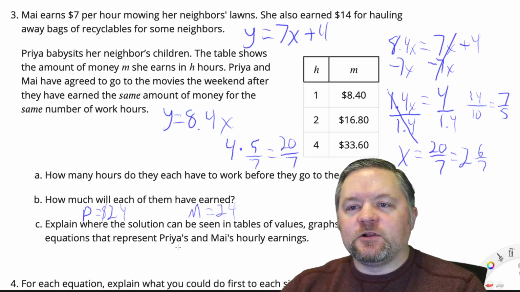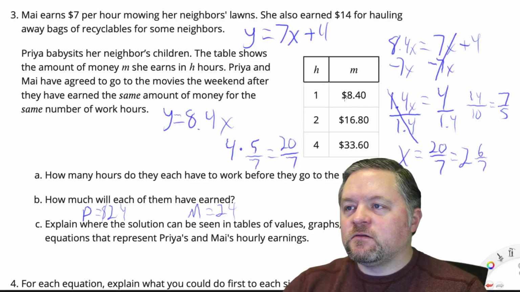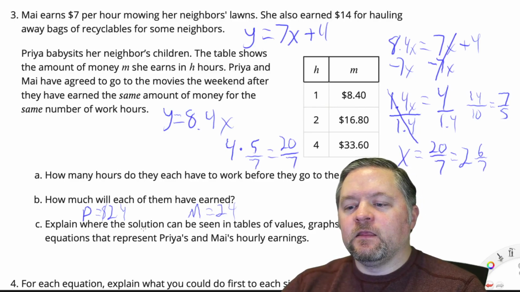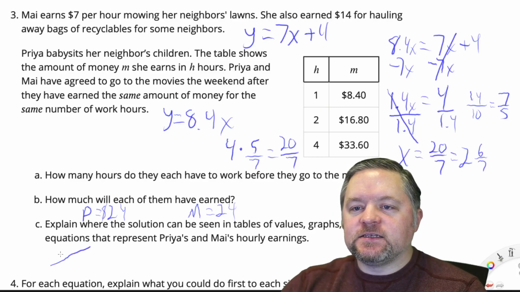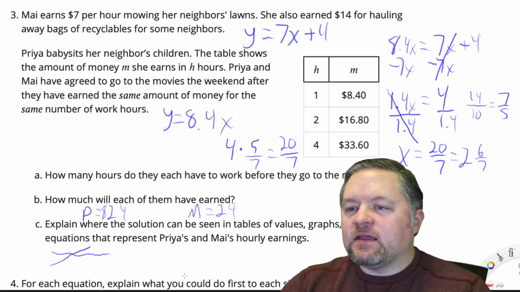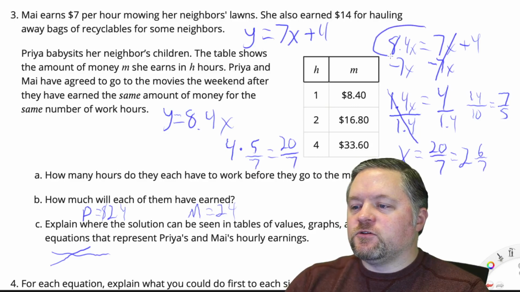For a table of values, it's where the x and y are equal to each other. In both tables, if we had a table of Mai, it would have to match. In a graph, it is where the two lines intersect each other. In an equation, it was where the two equations were equal to each other.